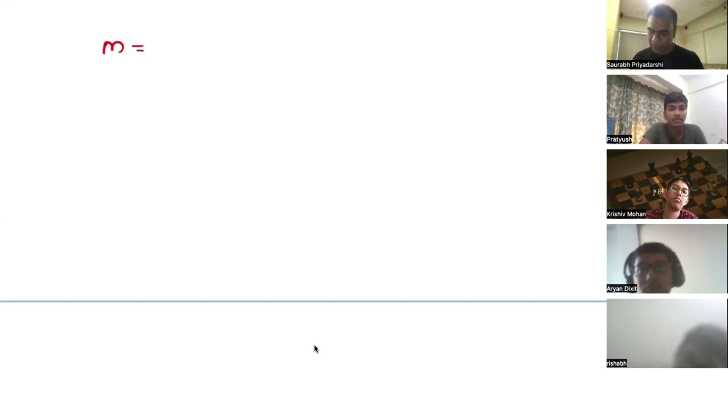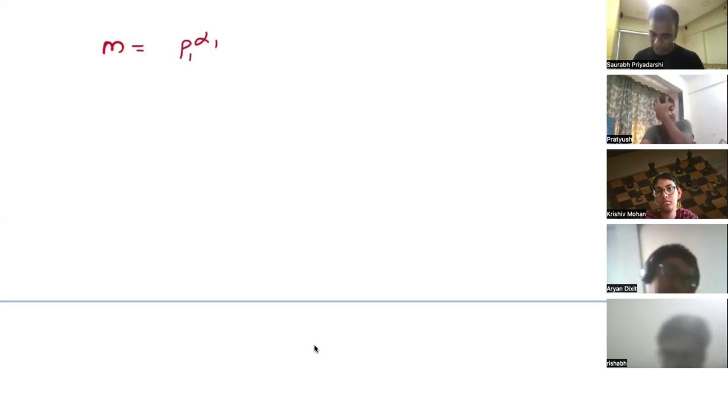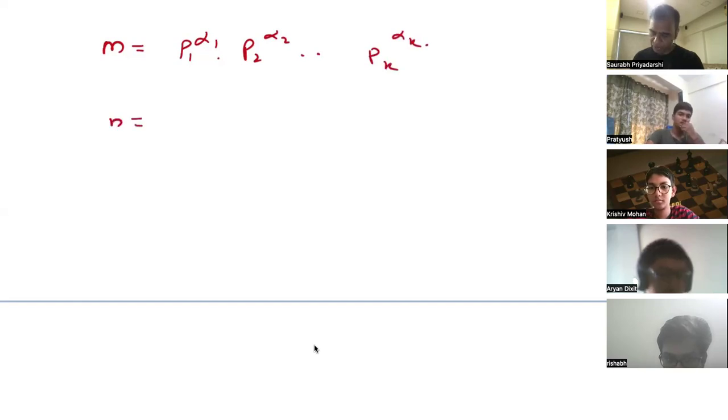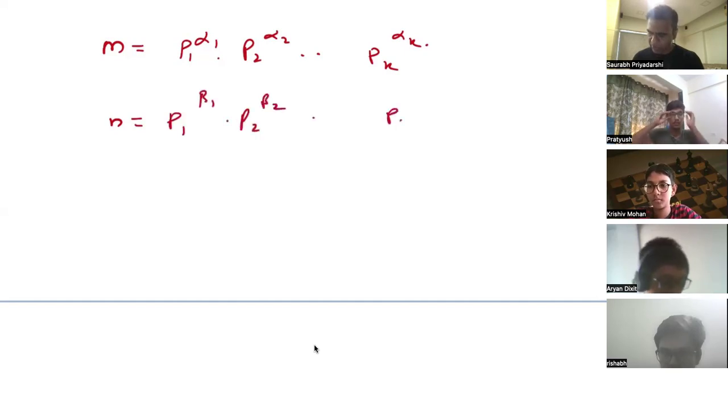So m is equal to p1 to the power alpha 1, p2 to the power alpha 2, up to pk to the power alpha k. n is equal to p1 to the power beta 1, p2 to the power beta 2, up to pl to the power beta l or something, right?